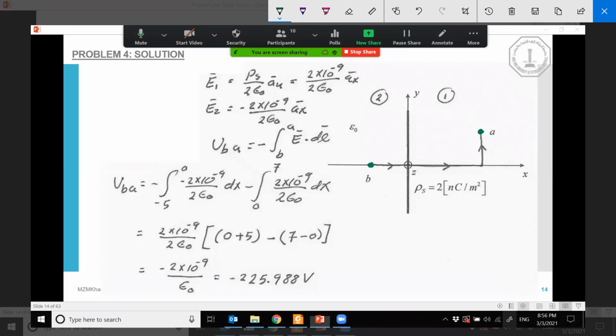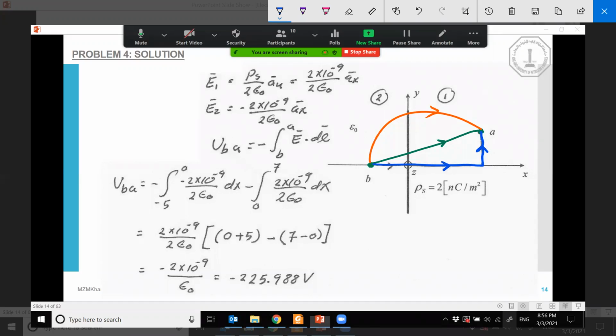So you can go in this direction, or in this direction, or in this direction. It's all up to you. Now, it depends on which path is easier for you to evaluate. So this is what you need to find.